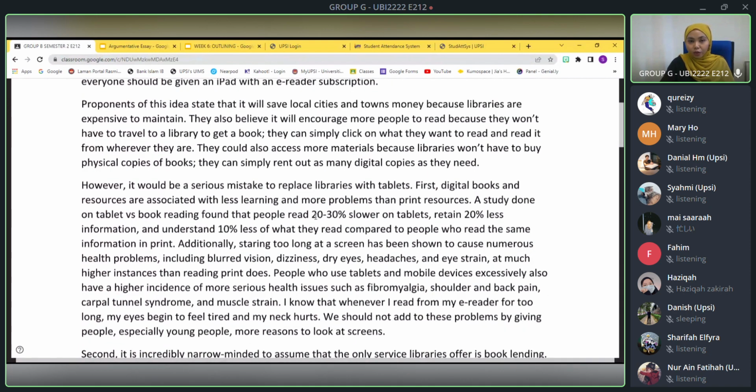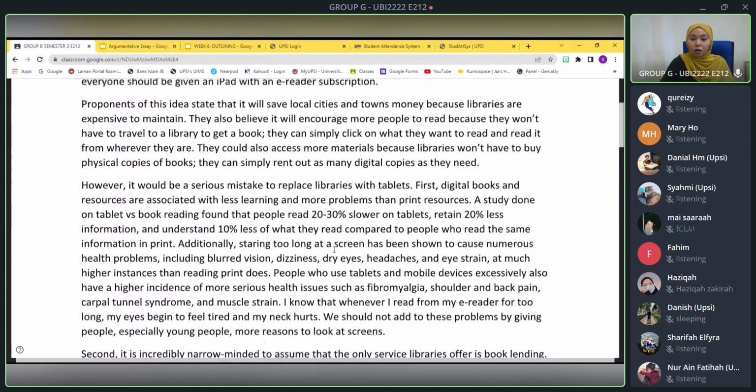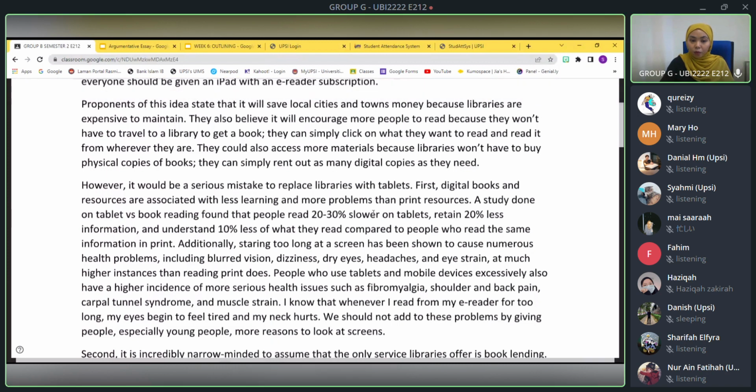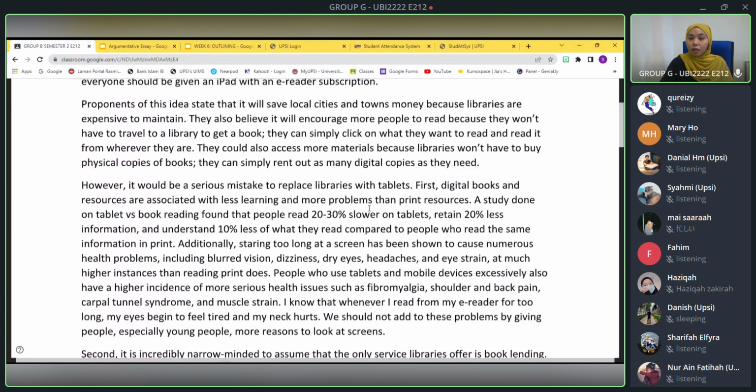Let's look. This person has been putting in facts and also statistic percentages to show that this is what happens when people are reading on screen. They have problems which are, people read 20 to 30% slower on tablets.